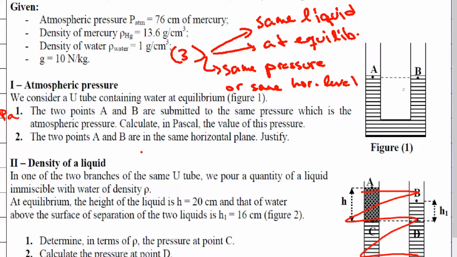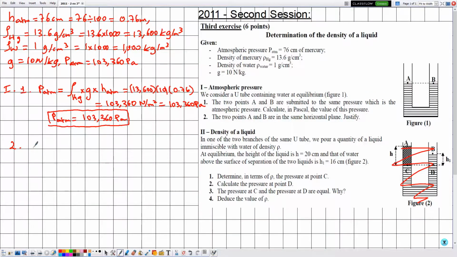Since they are asking why they are in the same horizontal plane, we will eliminate this one. Our answer will be: since both points A and B are in the same liquid at equilibrium and submitted to the same pressure, and here the same pressure is the atmospheric pressure.